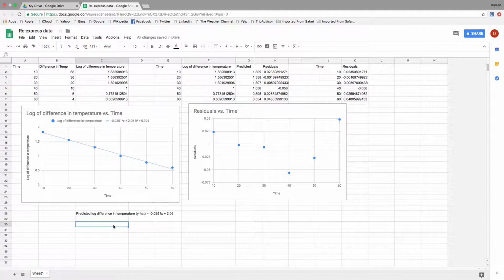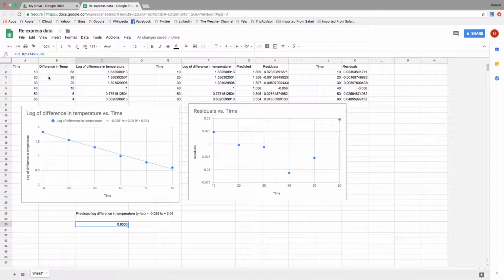So I'll do the math down here. My predicted log difference in temperature equals negative 0.0251 times 45 plus 2.06. So the value we get is 0.9305.